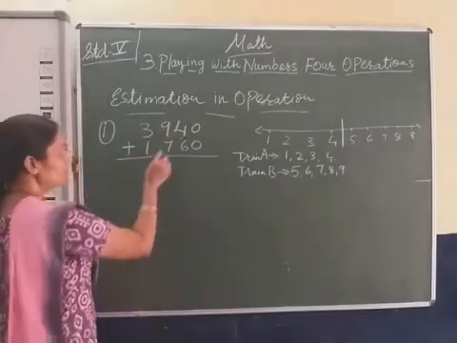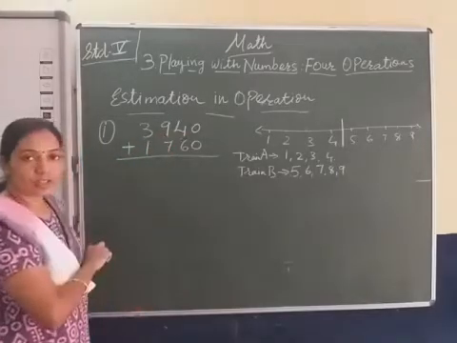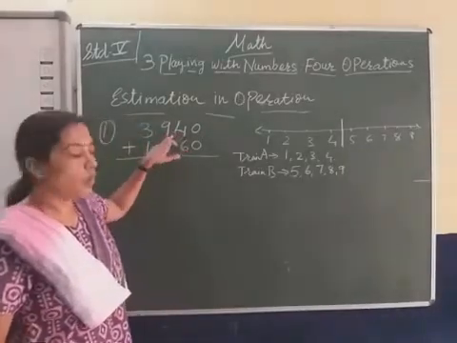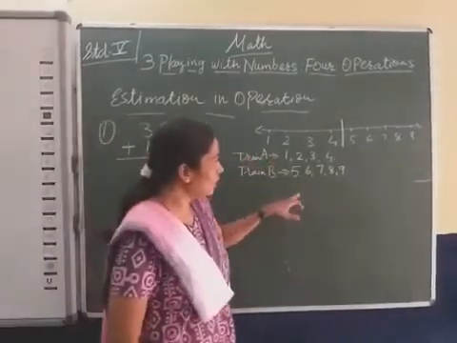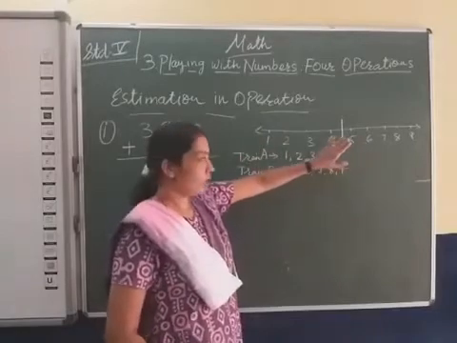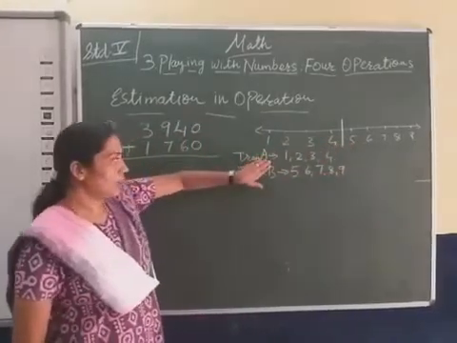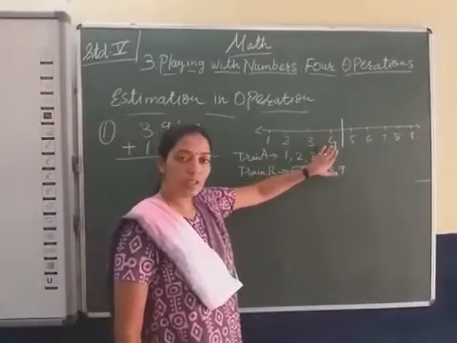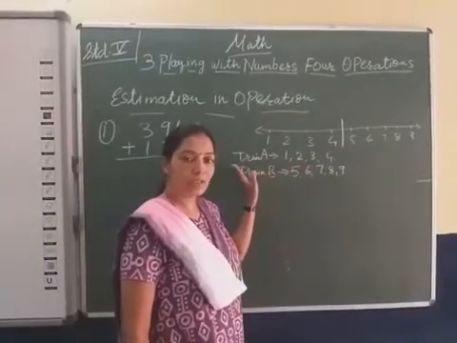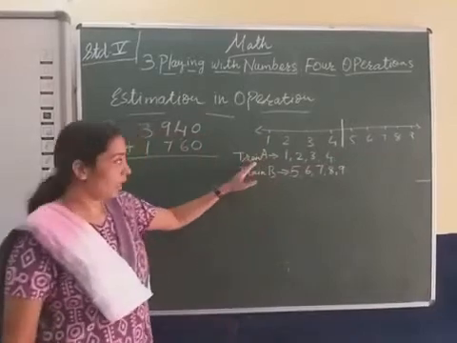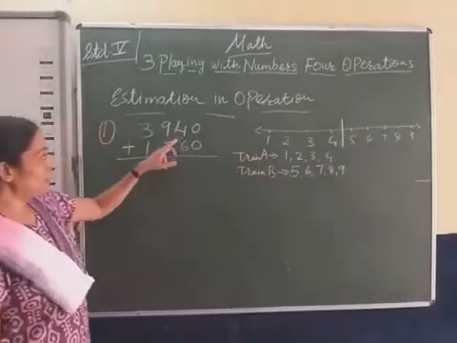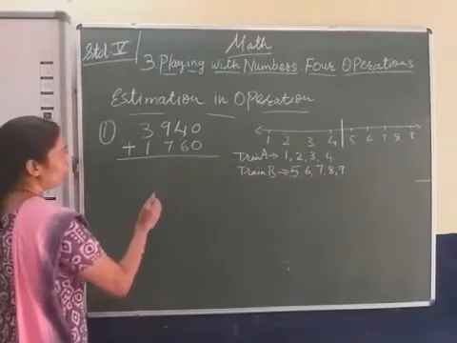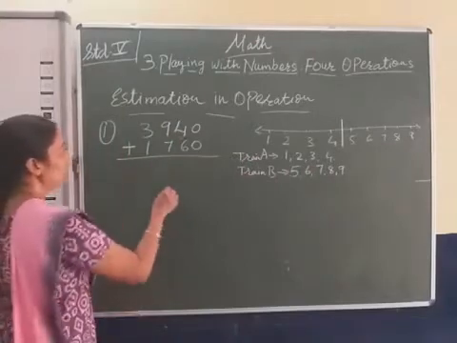Here the hundreds digit is 9, but we have to look at the next place value, which is 4. And 4 falls on this number line in train A. So this digit reached on time, so he gets this train. The same train he travels, so he will go the same way. So 3940. So we will write that here.